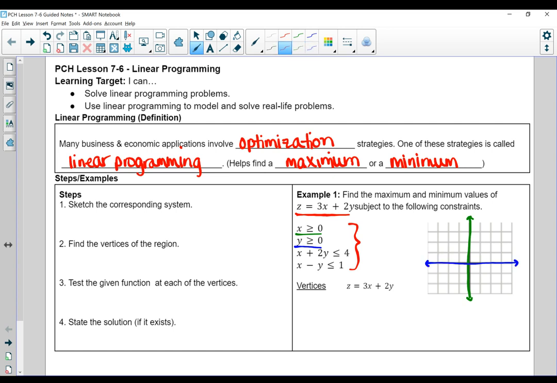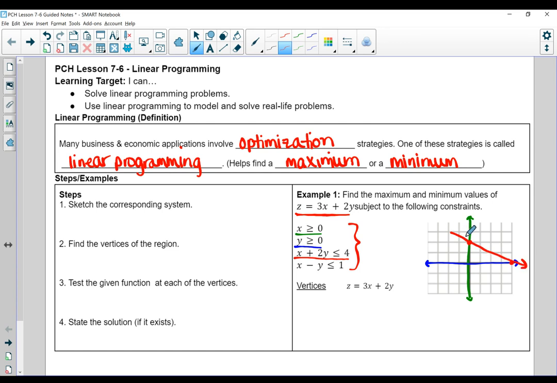Now, when we're graphing, we want to think about it. We could do it as intercepts. So that works. So I've got 4, and then 2 would be my y-intercept.